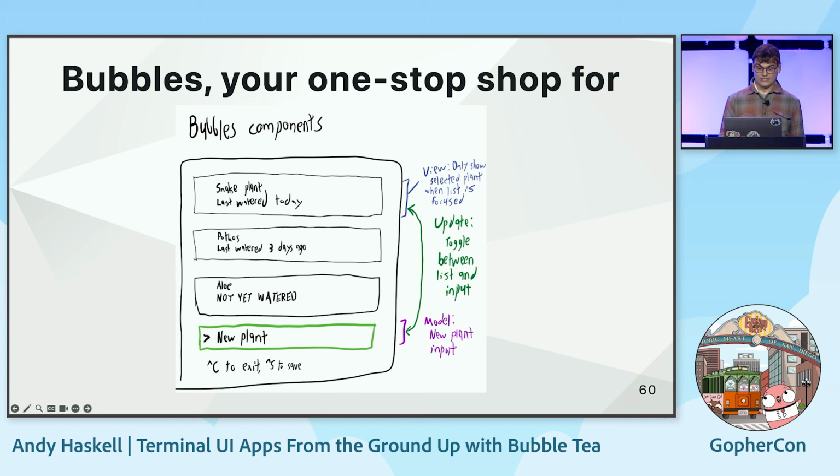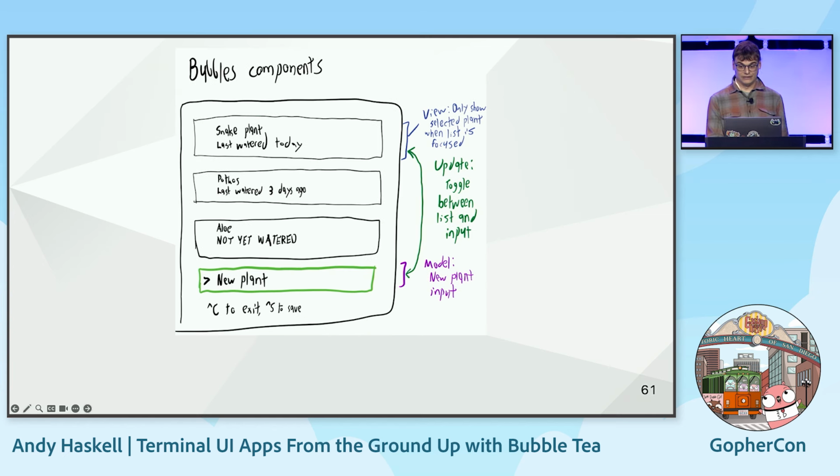But there's one other detail that's important now that we've got more than one component, and that is that since the list of plants and the new plant input are both receiving input from the update method, we need to know which component we're sending input to.